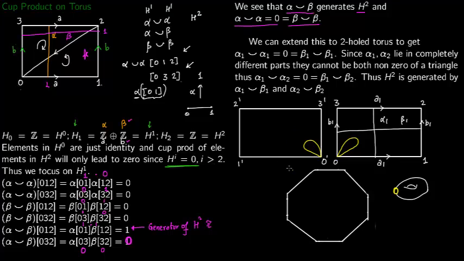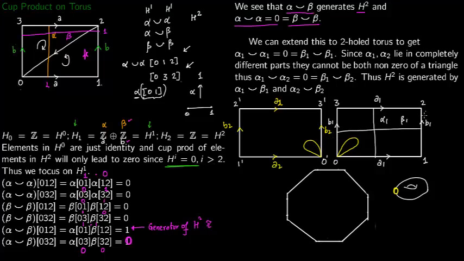And here you say these edges are A1, say this is A2, this is A2, this is B2, and this is B2.